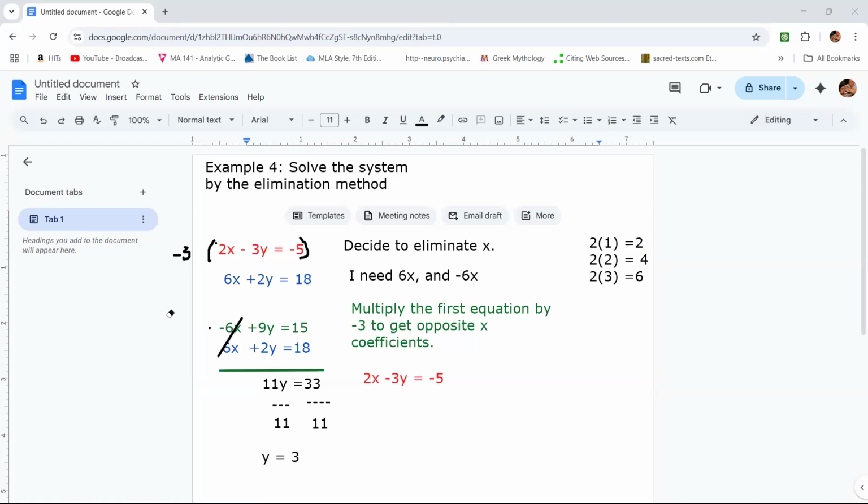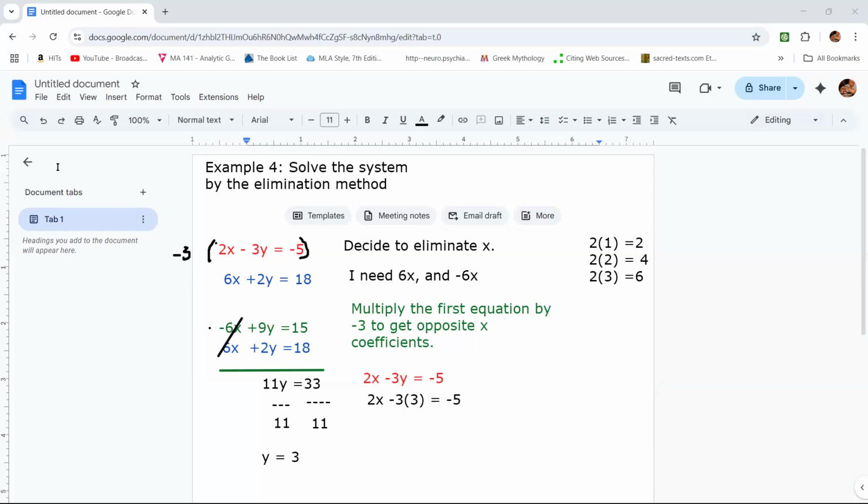So now I have to write 2x minus 3 because the y is 3. So I need 3 here equals -5. That's what it should look like because I make a substitution for the correct variable, okay? Be sure you do that. Otherwise, you're going to have a different answer.